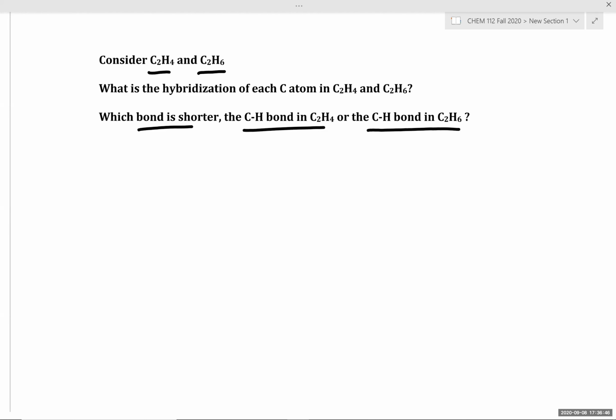Let's get some responses in the chat, and always try to, in your response, include a justification for your answer. That can help you both develop and articulate solutions similar to the way you'd articulate your solution on an exam.